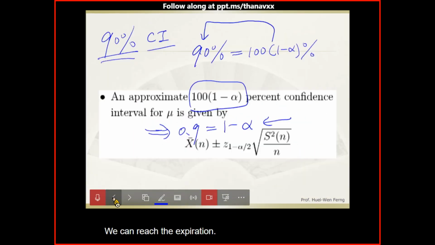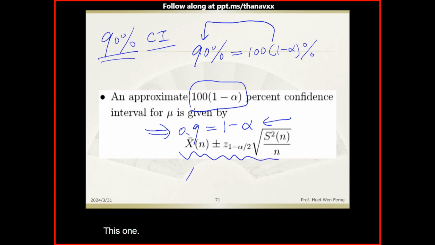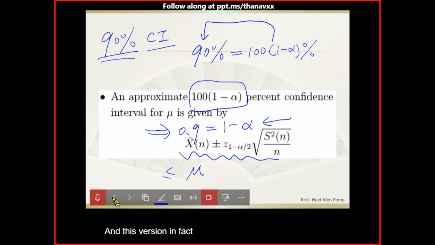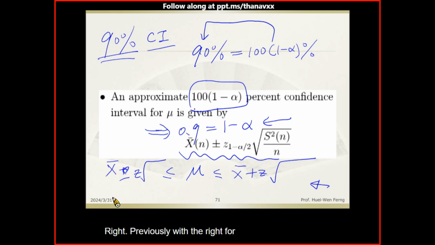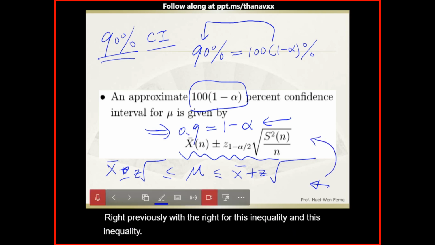This one. And in this expression, in fact, we use mu. Previously, we derived this inequality, and this inequality is actually the confidence interval.